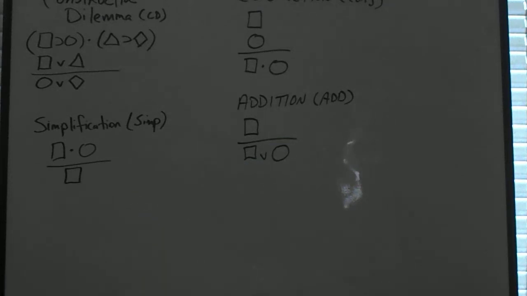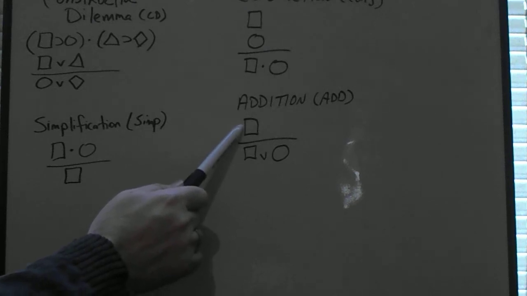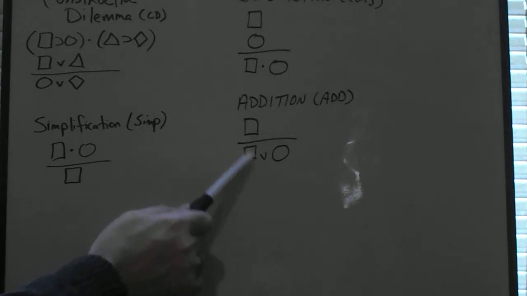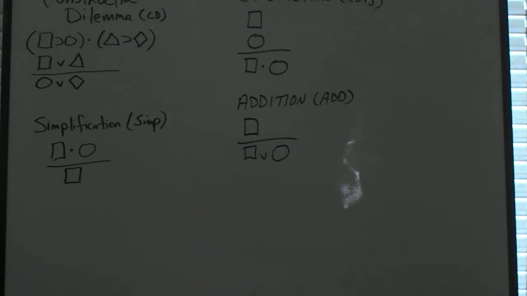Well, think about your truth tables. The only time that the wedge, the disjunction, is ever false is when both sides of the equation are false. Well, we've already asserted that this line here is true, so it doesn't matter what I add onto it, it's not going to alter the truth value of what's presented there.